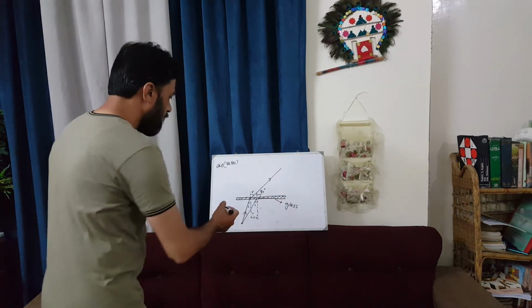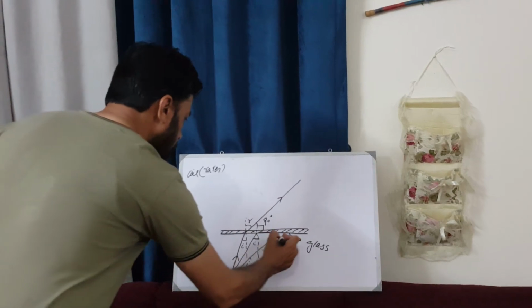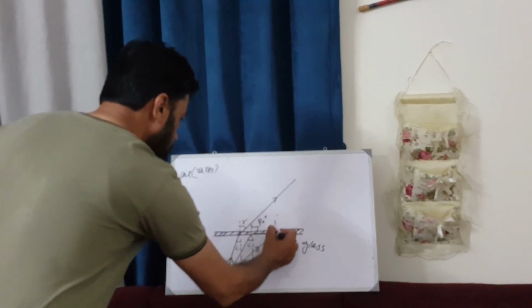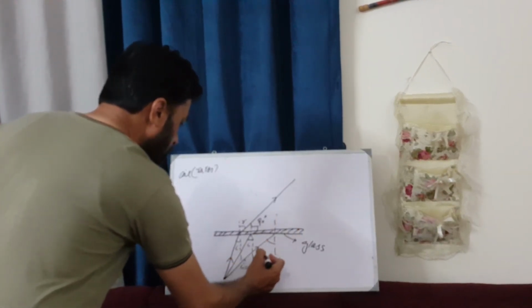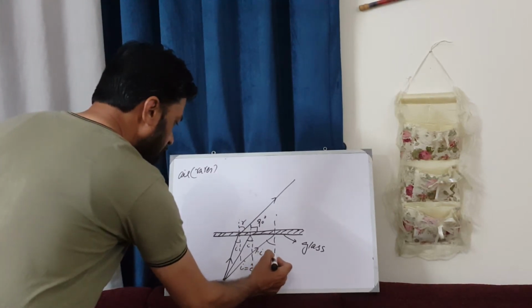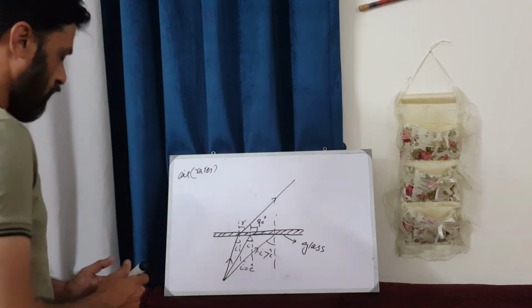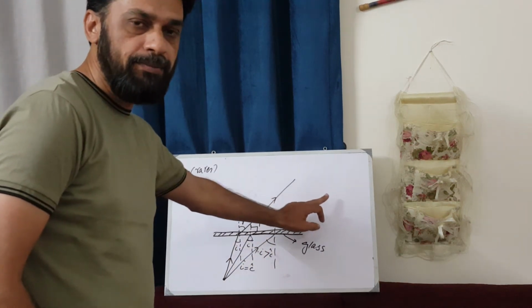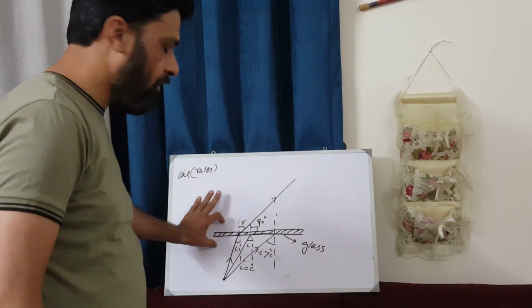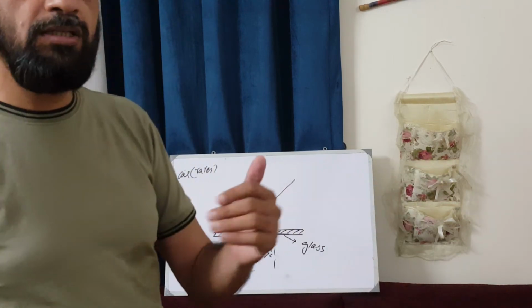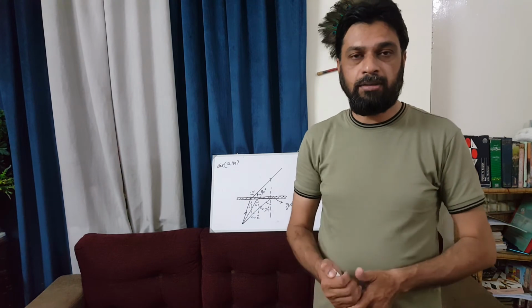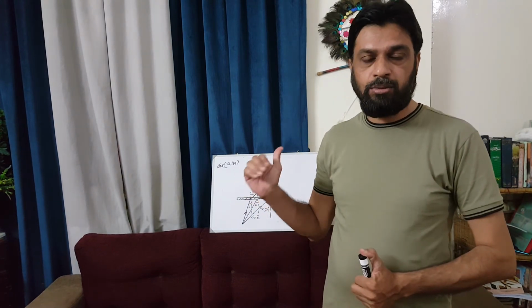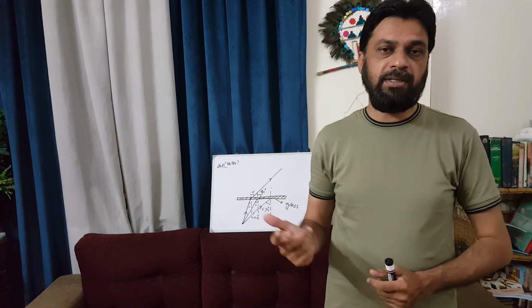Like this, if we increase the angle of incidence, this is normal. Now here angle of incidence is greater than critical angle. Now the light does not bend. Even though this is not a mirror, this is glass, a transparent material or medium, and light should pass through this medium because it is a transparent medium, not a reflecting surface.